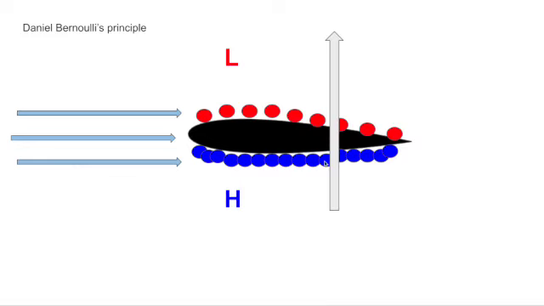So let's describe the bottom first. So the high pressure. The air down below the wing is at a higher pressure due to the velocity of that fluid. So this is at a slower velocity than up here.